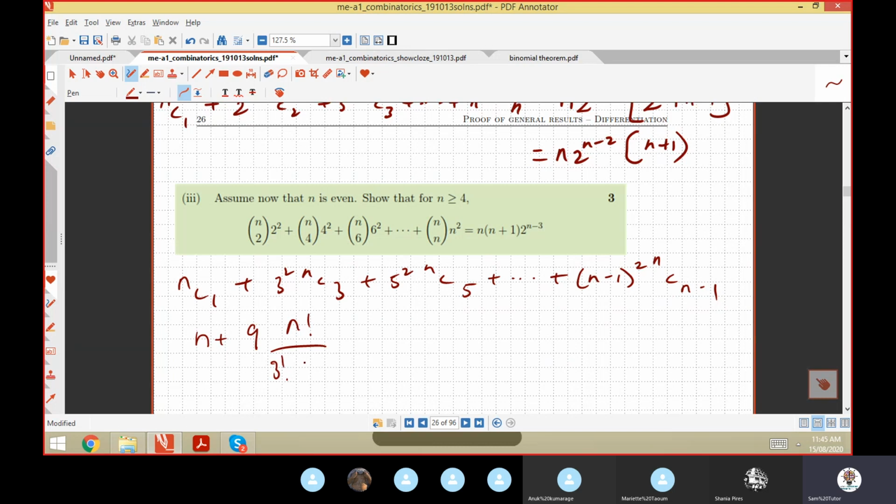9 n factorial over 3 factorial n minus 3 factorial. This is n minus 1 minus 2 minus 3 factorial. 3 factorial is 6, 9 divided by 6. No good.